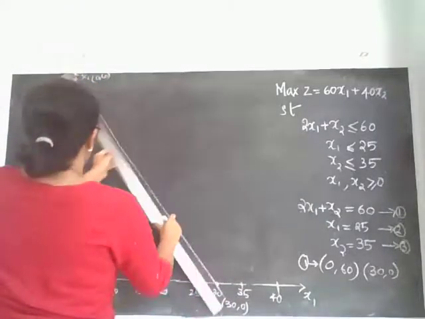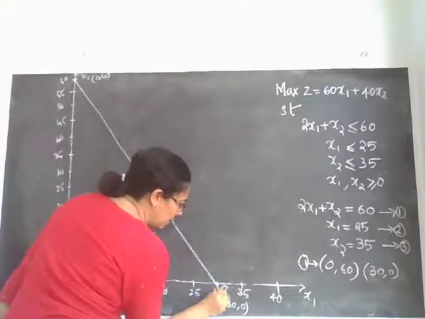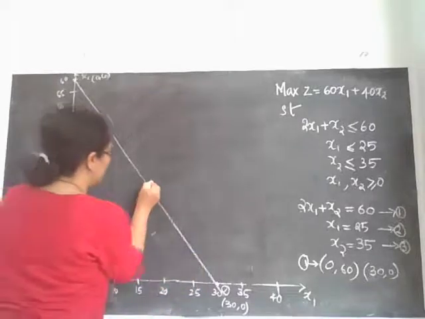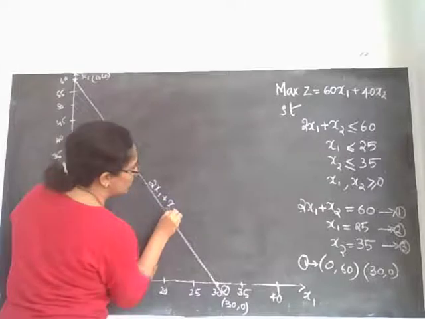So we have this line, the first one, the equation 2x1 plus x2 equal to 60.